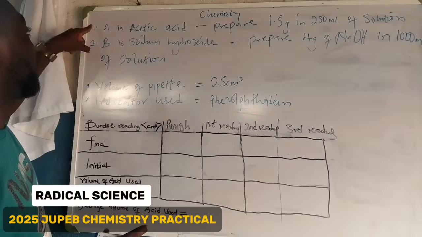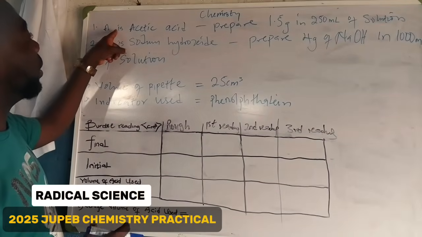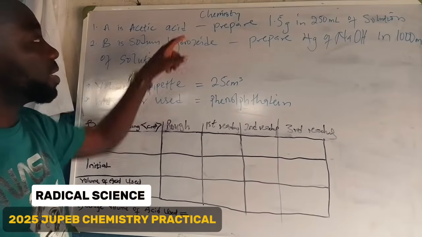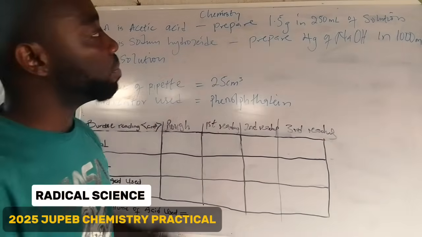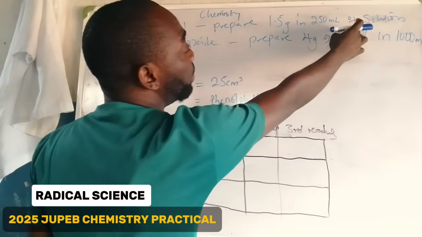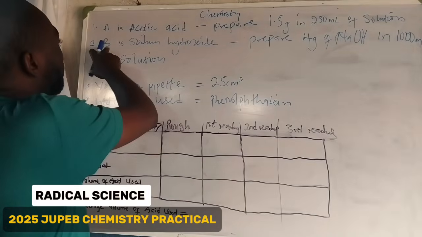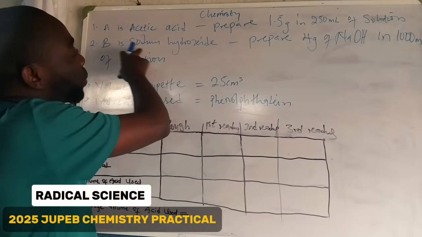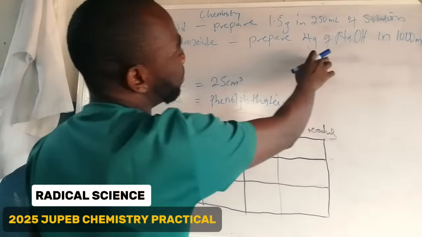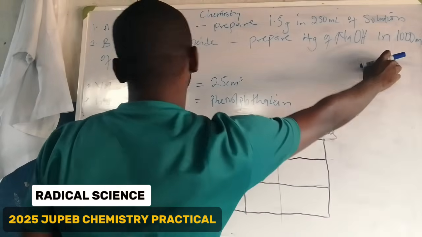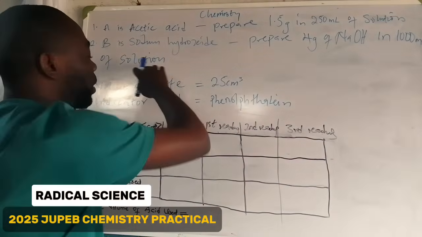Okay, so now let's take a look at the instruction. Here, number one, they said A is acetic acid. Prepare 1.5 gram in 250 milliliter of solution. B is sodium hydroxide. Prepare 4 grams of sodium hydroxide in 1000 milliliter of the solution.